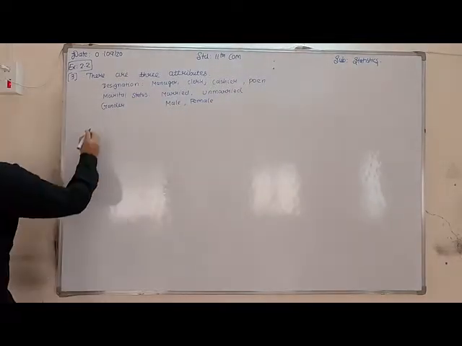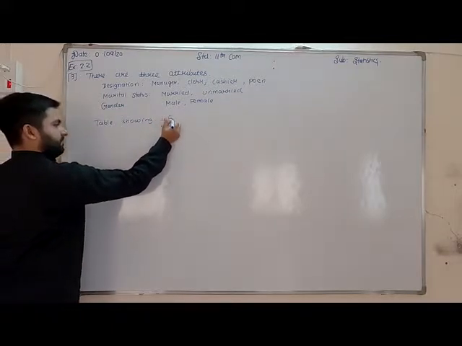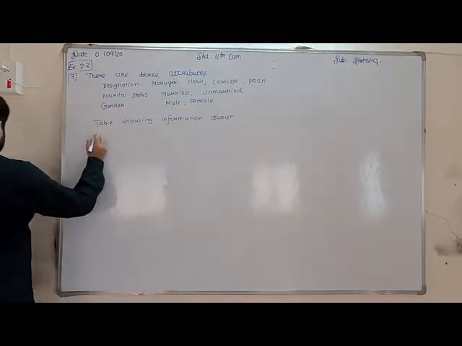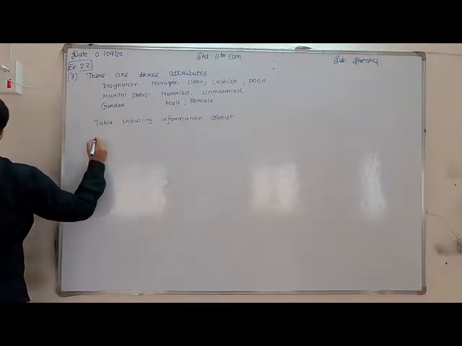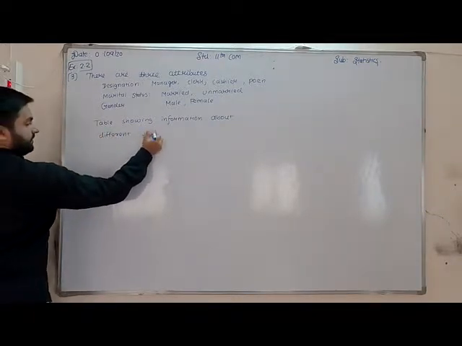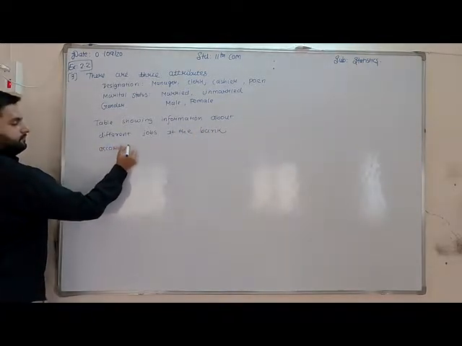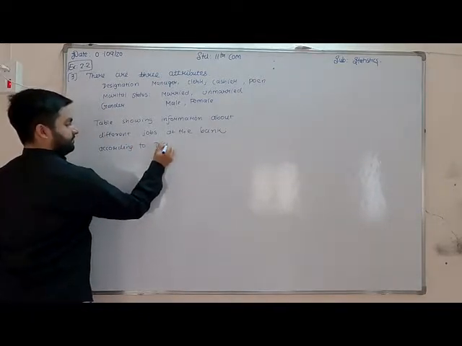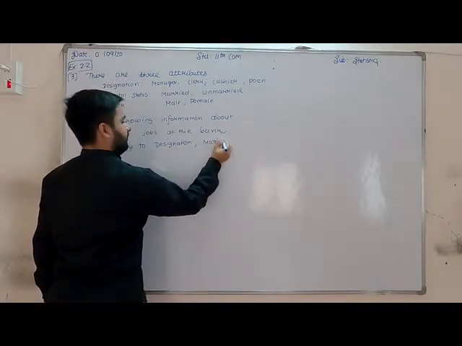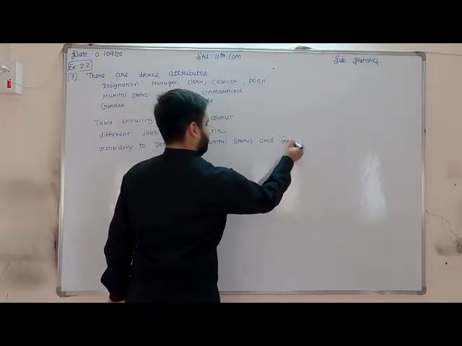Now we will write the title: table showing information about different jobs at the bank according to designation, marital status and gender.